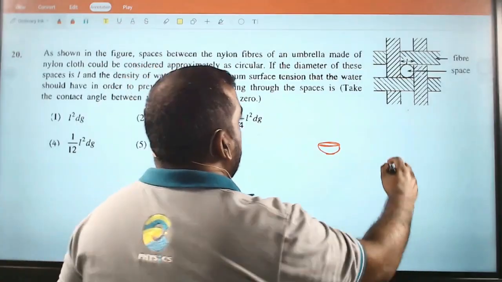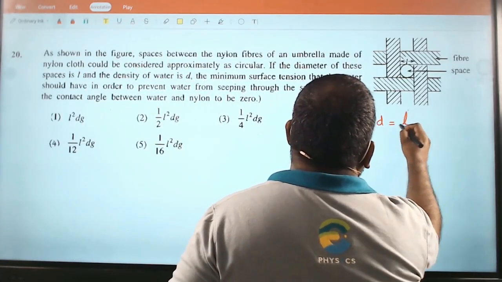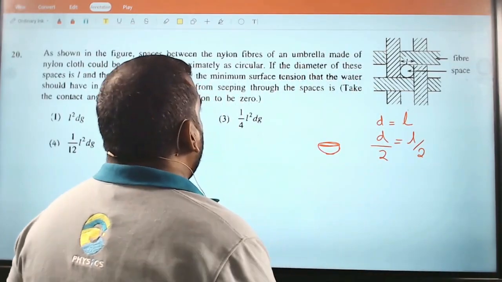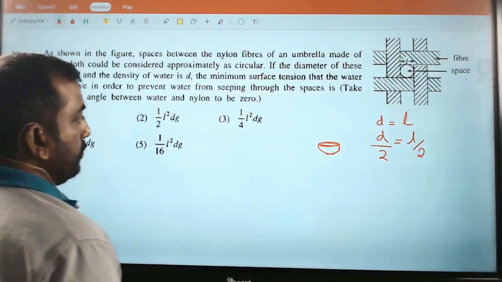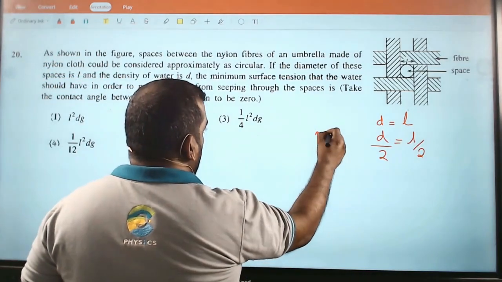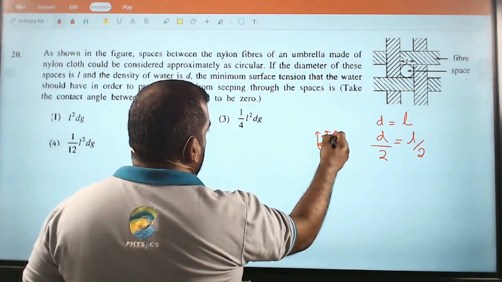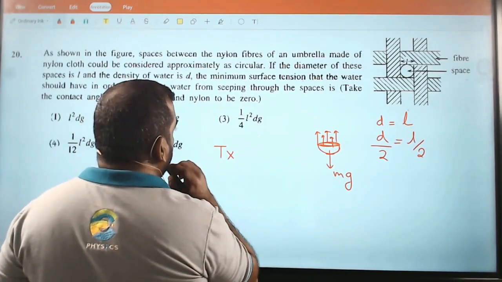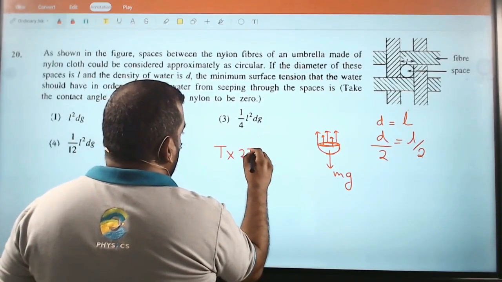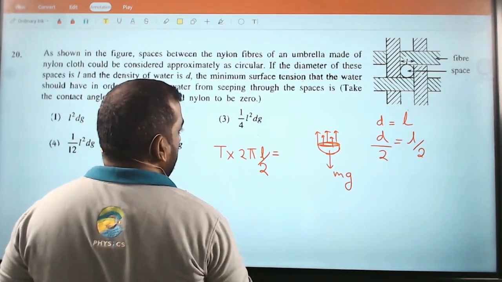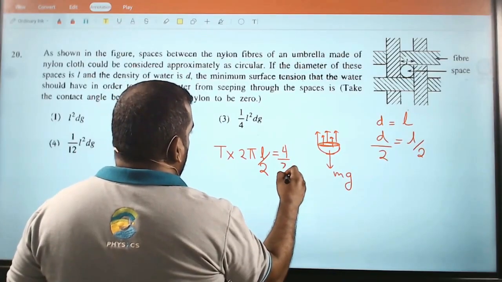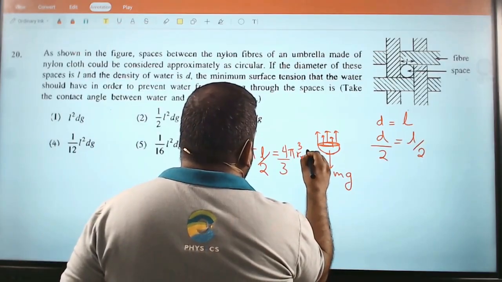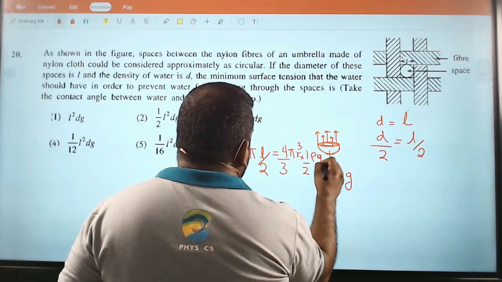So the diameter is L. The radius is the diameter divided by 2, which is L divided by 2. Surface tension forces acting upwards balance the weight. Surface tension multiplied by circumference, 2 pi L divided by 2, balances the weight of the hemisphere, 4 over 3 pi r cubed into half rho g.